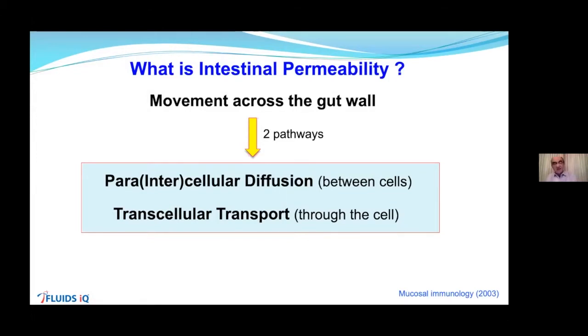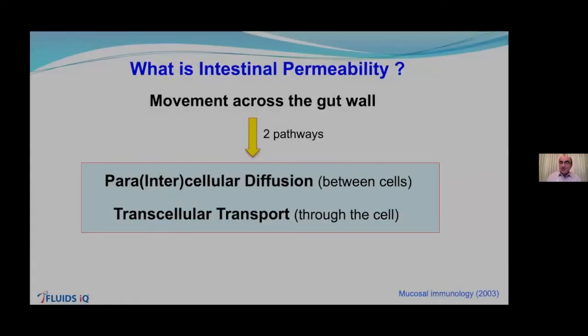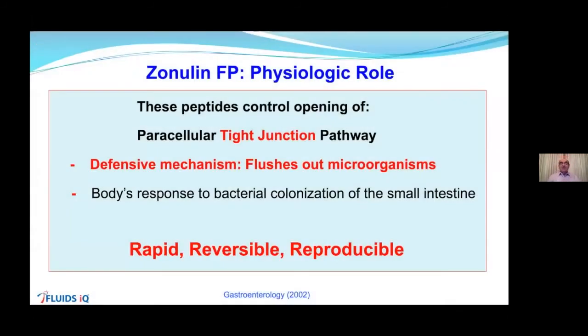But between the cells, you have a paracellular area, or intercellular, whichever way you've learned it, and there you have diffusion of various types of peptide entities, etc. Now, these peptides getting in are controlled by the opening of this paracellular pathway, and there happens to be an area which we call the tight junctions. It's a network of proteins which act like a door that can be opened and closed.